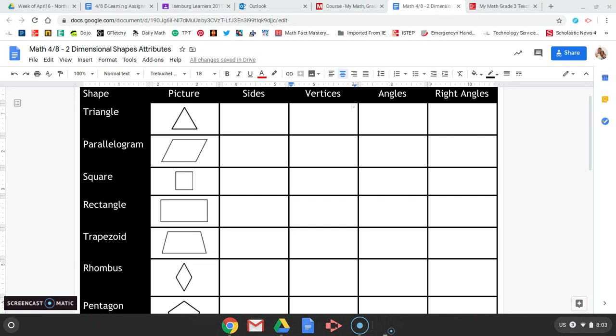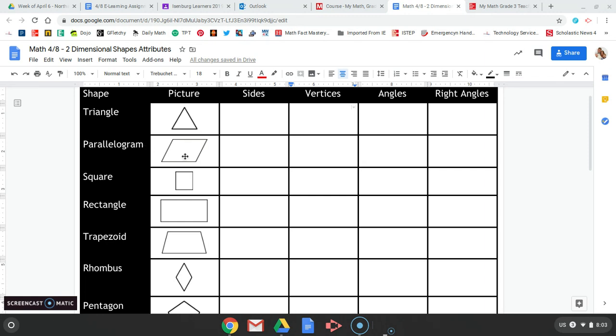In order to complete your independent assignment today and to do the rest of this lesson with me, you're going to need to understand the rules of these shapes, because we're going to learn today that some of these shapes actually can fit into groups together based on the rules for that shape and the attributes of that shape. So we're going to skip over triangle, and you can fill those in on your own if you would like to. And we're going to go straight to parallelogram.